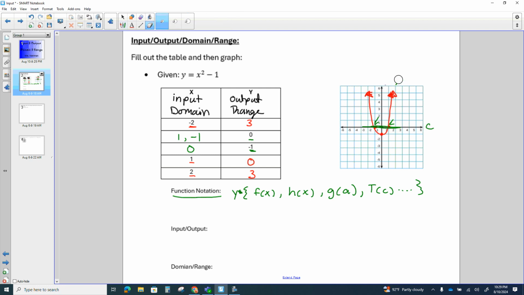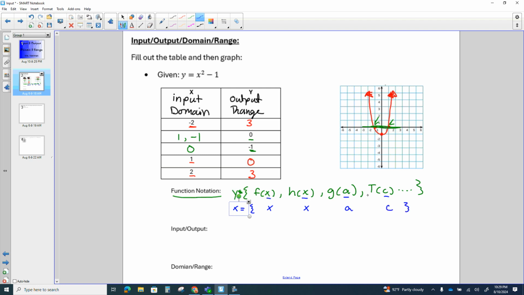When you're doing this, my mental note that helps me is if you're using two variables, f and an x, h and an x, g and an a, t and a c, you're talking about the y. If you're using one variable, that's this guy that's inside the parentheses. So whenever I want to identify them, this one would be x, this one would be x, this would be a, and this would be c.